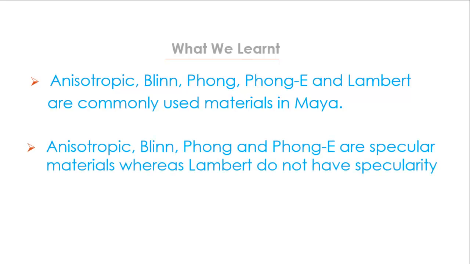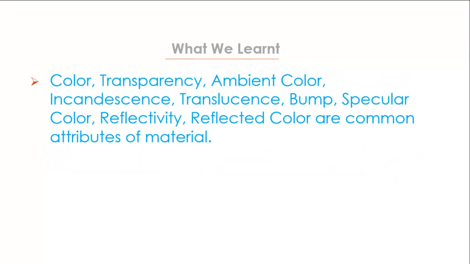Anisotropic, Blinn, Phong, and Phong E are specular materials, whereas Lambert does not have specularity. Color, transparency, ambient color, incandescence, translucence, bump, specular, reflectivity, reflected color are common attributes of material.